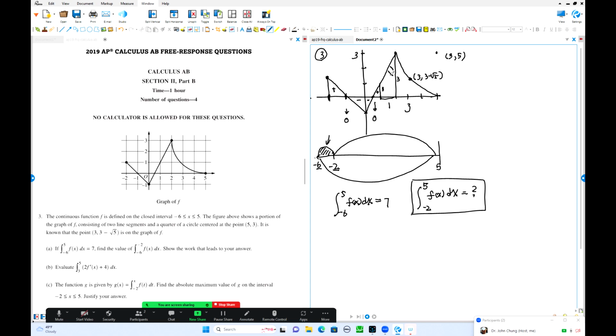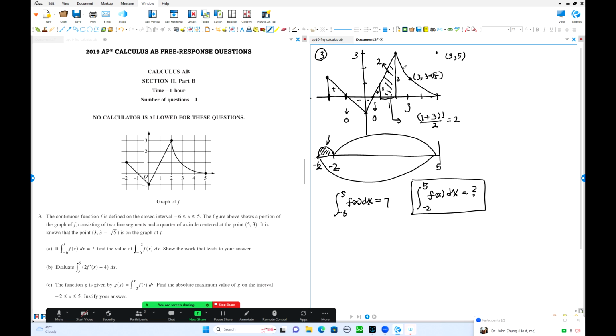That is a kind of trapezoid. So now let's find the area of the trapezoid. Upper base plus bottom base, times height, divided by 2. 1 plus 3 is 4, divided by 2 equals 2. This area is 2.